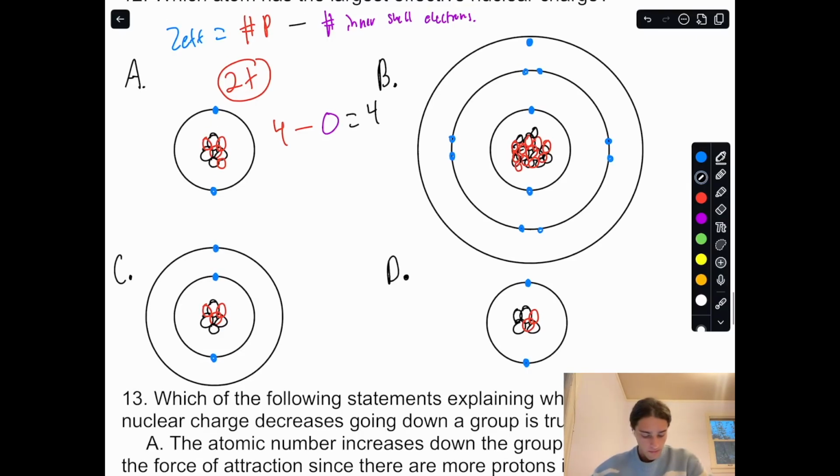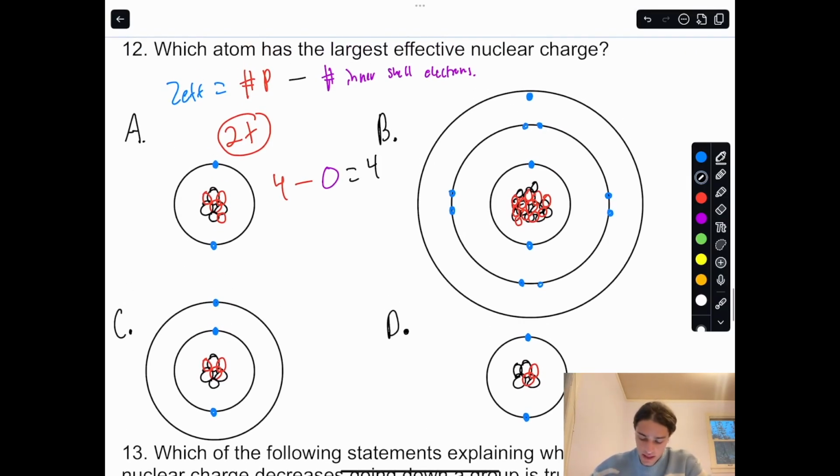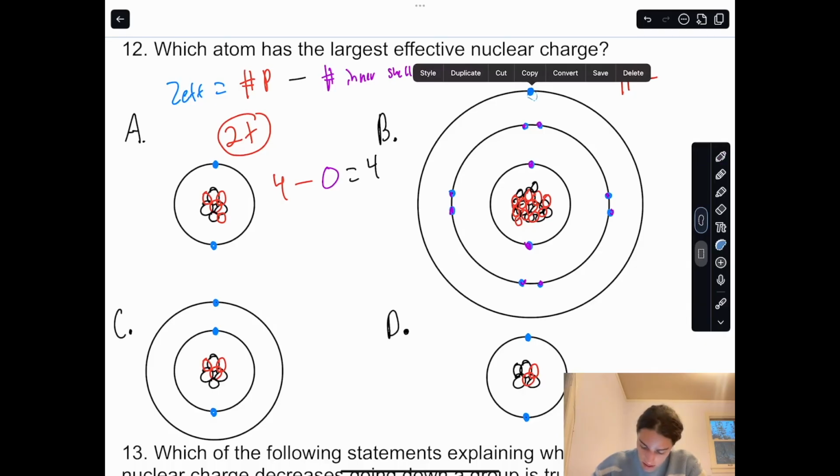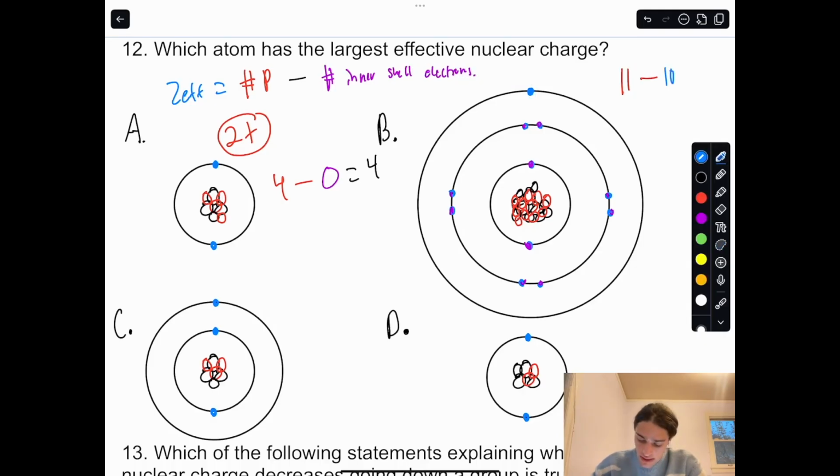If you look at B, it's got 2, 4, 6, 8, 10, 11 protons. 11 minus, so all of these would be the inner shell. So that's 10 inner shell electrons, and it has 1 valence electron way up here. So this is going to be 1.